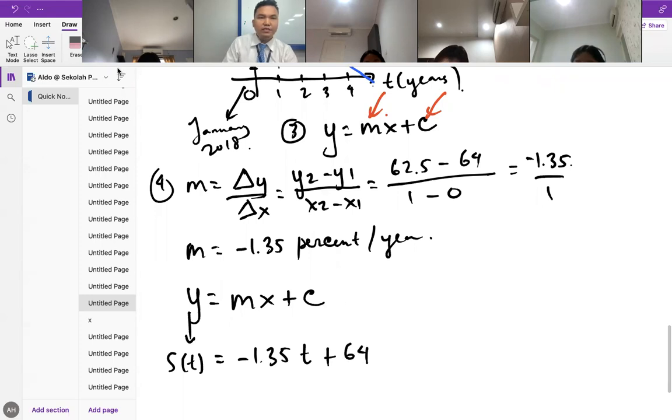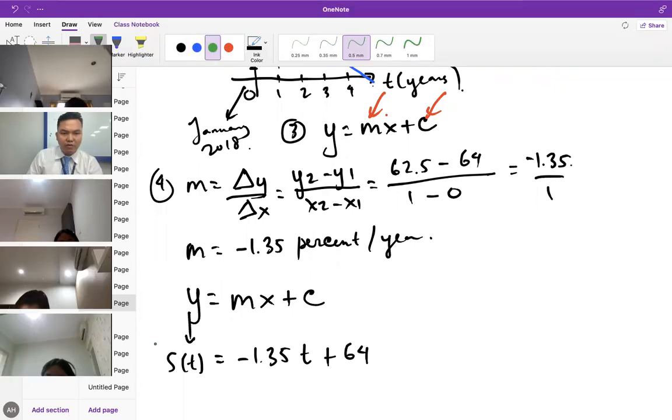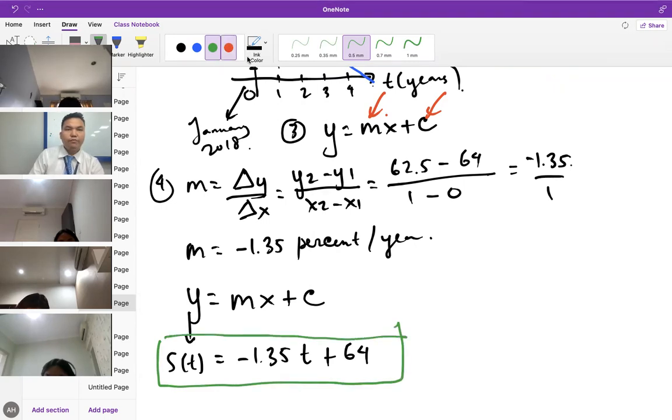This is the equation that the question is looking for.